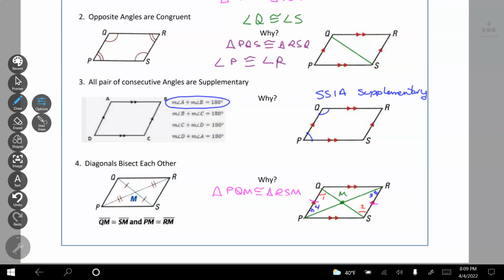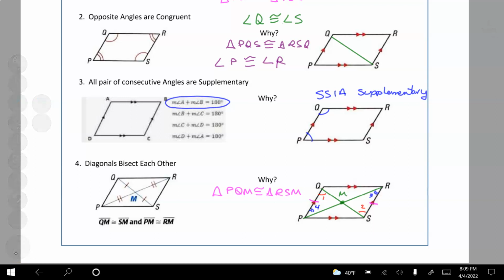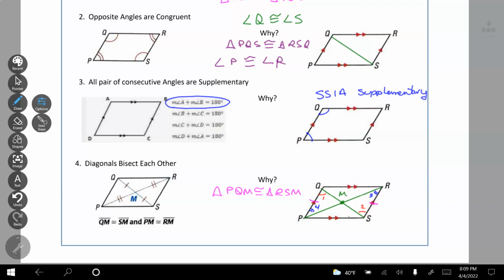And finally, if you have a parallelogram, the diagonals bisect each other. That means diagonal QS and diagonal PR meet in the middle at point M, and they bisect each other. For my diagram, angle 1 and angle 2 are congruent because of alternate interior angles. Angle 3 and 4 are by the same process.